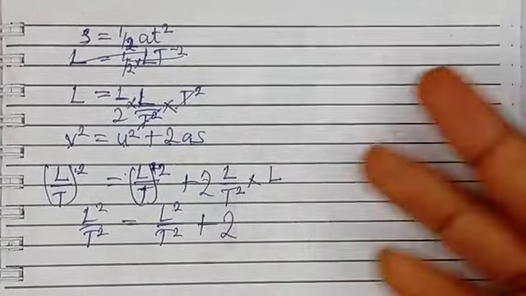Now we have this example. The velocity v of the wave set up by plucking a stretched string is found to depend on the tension T of the string and its length L and its mass M, and it is given by v equal to K, T raised to power x, L raised to power y, and M raised to power z, where x, y, z are unknown numbers and K is a constant.